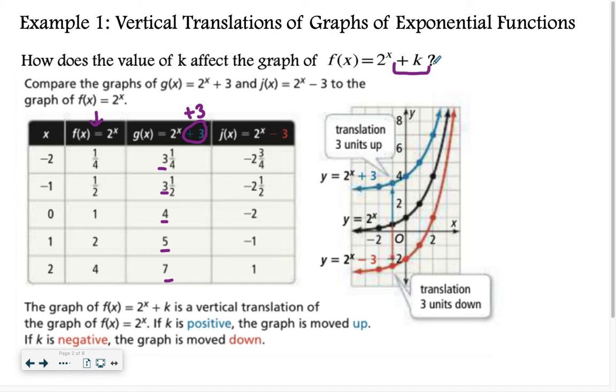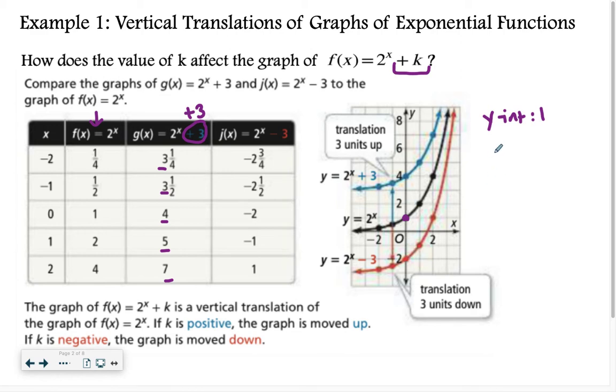If we look at that plain f of x function, we would say my y-intercept was 1. For the green, it got added 3. For the red, we subtracted 3.